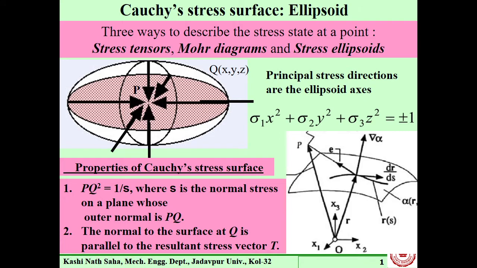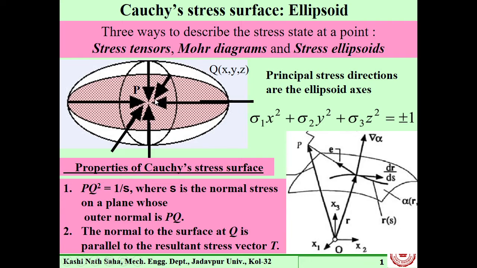Now here again something is to be noted. The ellipsoid so formed is oriented along the principal stress directions. Clear? So these x, y and z directions are the principal stress directions.